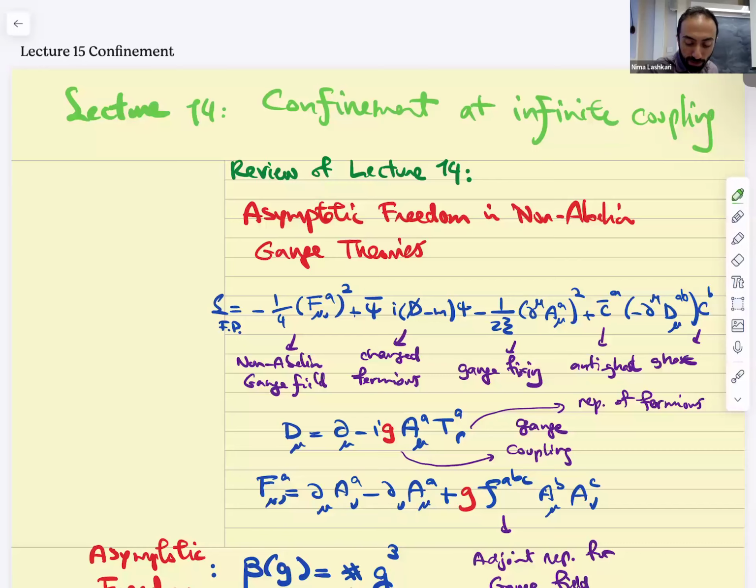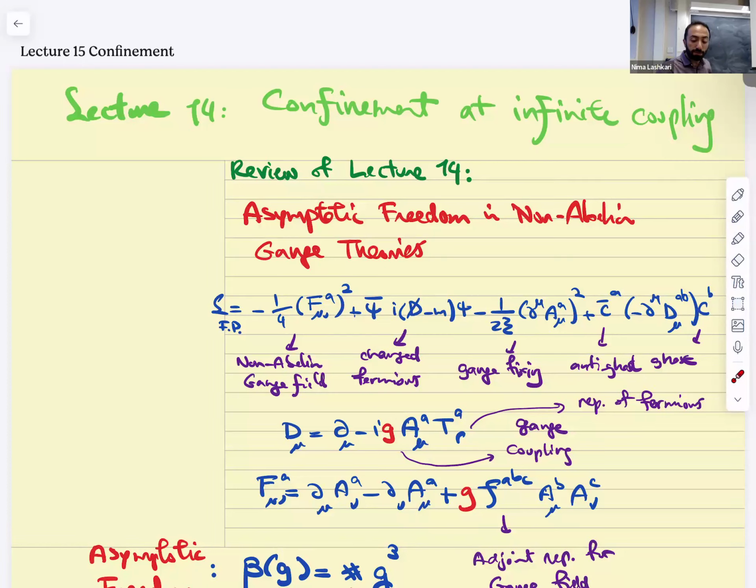All right, so in lecture 14, we discussed asymptotic freedom in non-abelian gauge theories. Basically, this was the first example. We practiced first examples of genuinely interacting quantum field theories in 4 dimensions using non-abelian gauge theories that were asymptotically free.